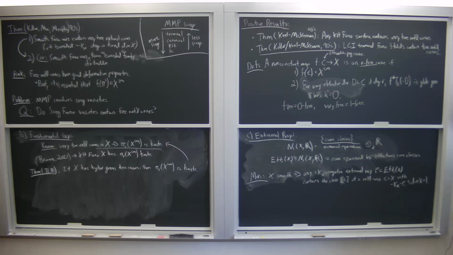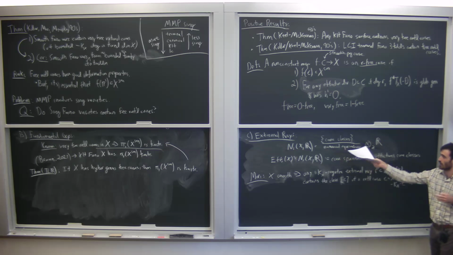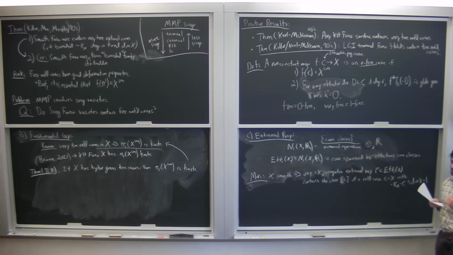So what's an example of this? P^n has just a one-dimensional space of curve classes modulo numerical equivalence, and the effective cone is, in R, all values greater than or equal to 0.